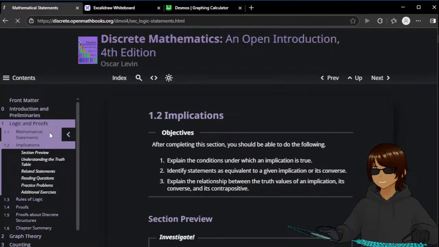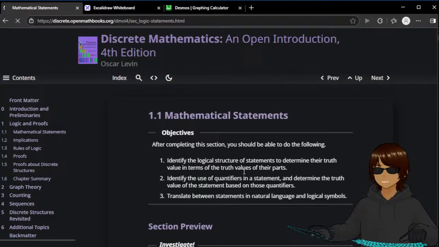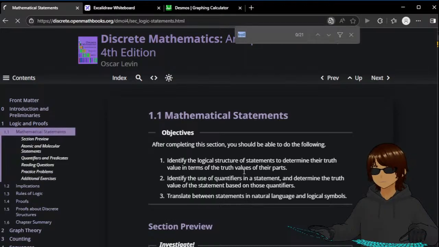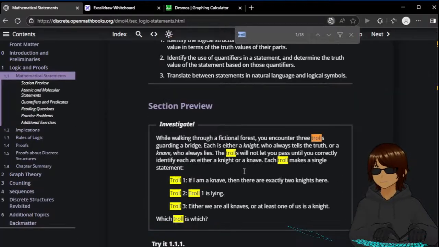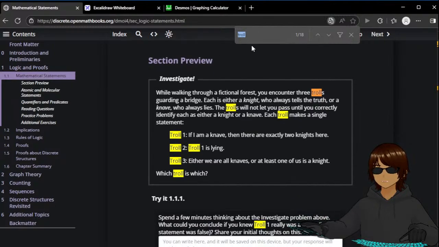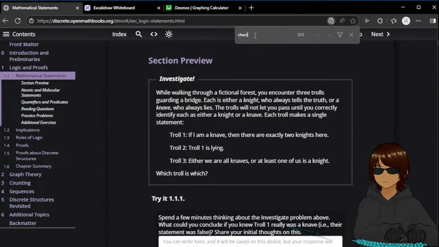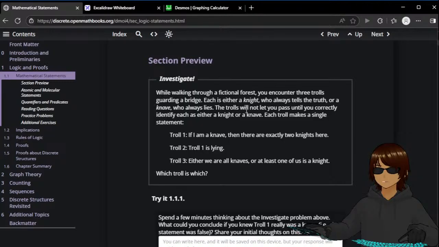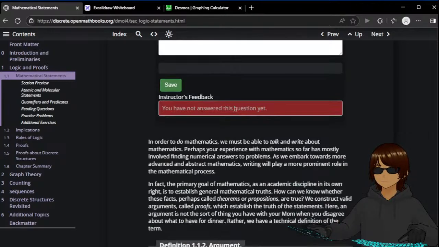It's not here. Was it here? Maybe I did it last stream. I did it last stream, but I don't know if it's in the cutoff section. Yeah, I did it here. What about the chest one? Never mind that.